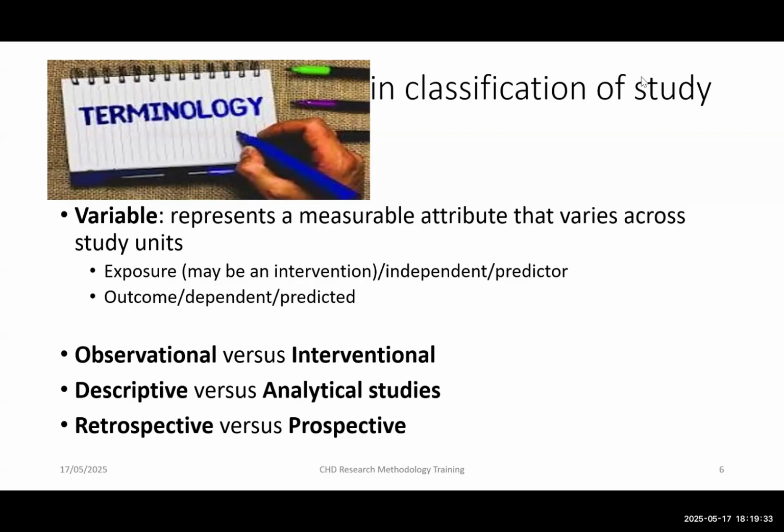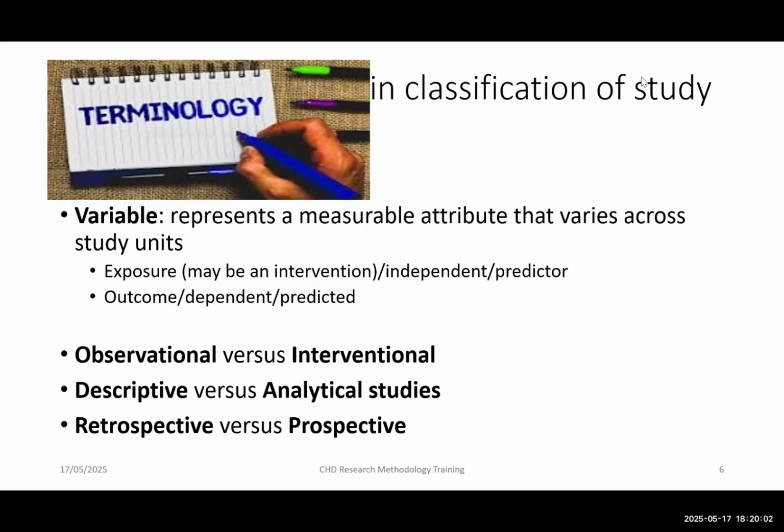In a descriptive study, just as the name suggests, the investigator is just describing the data on one or more characteristics of the individuals in the group. They don't need to answer any question between variables. You're just plainly describing what you're seeing.